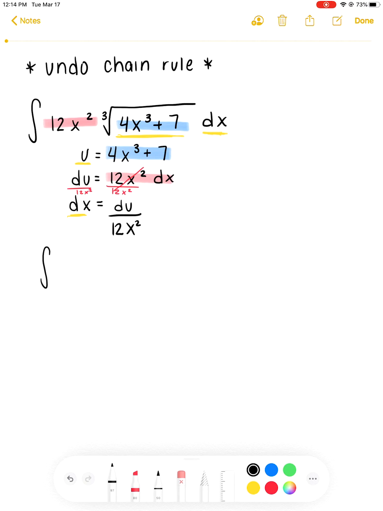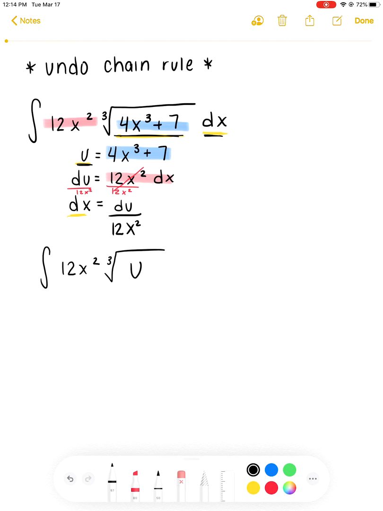So when I go back in, I'm going to keep my integral sign because I haven't taken the antiderivative yet. I'm going to rewrite 12x squared. Inside my cubed root now, instead of having a 4x cubed plus 7, I'm going to replace it with u because I've said they're the same thing.